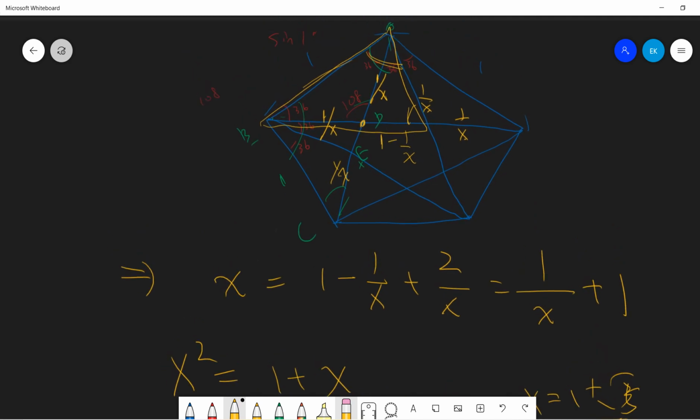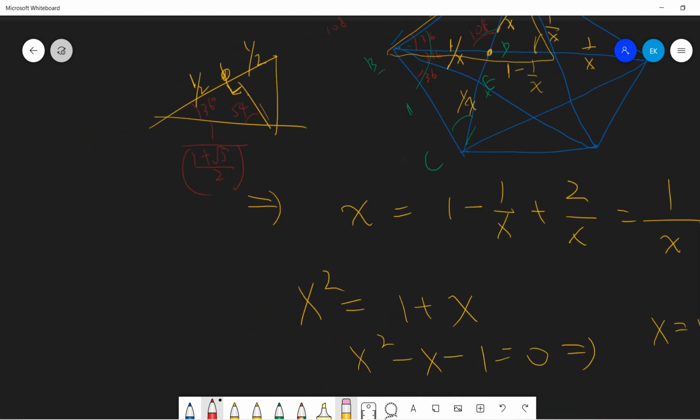Okay, so now everything is happy, because if you focus on this triangle, you get 1, and you can just separate it, so you get a half, and then your x is 1 divided by square root of 5 divided by 2. Okay, and this is 36, this is 54, right? So you can start from here, and then your cosine 36 is 1/2 divided by this, right?